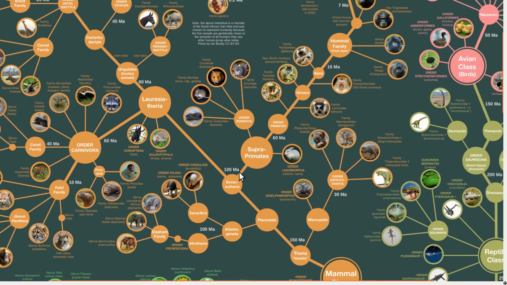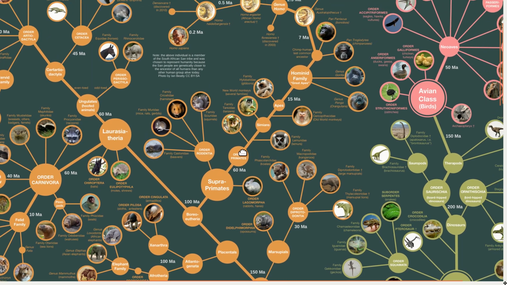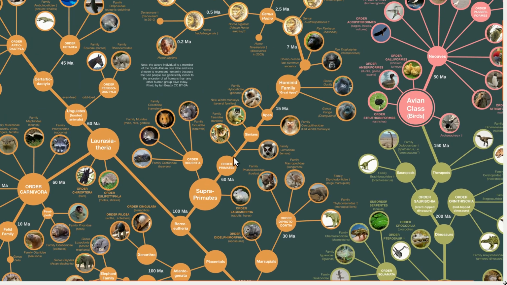But we're going to take a turn here to the supraprimates, which include also rabbits and little creatures like mice and rats. From there, we get the primates, and primates, of course, are monkeys, apes, and so forth. So some of the earliest primates to evolve include lemurs and tarsiers.